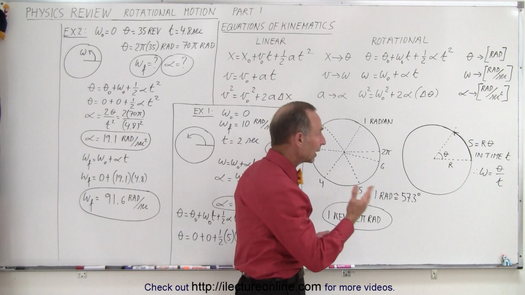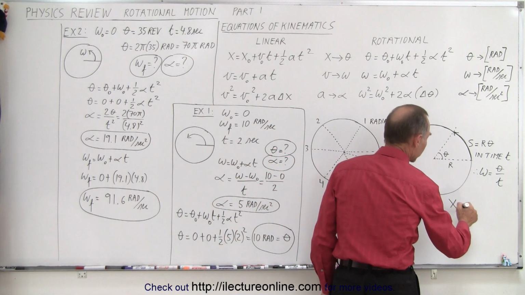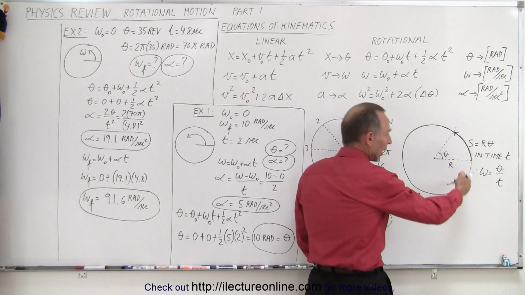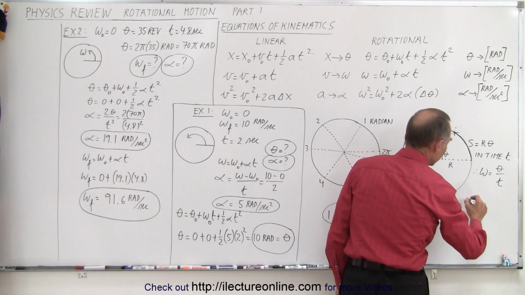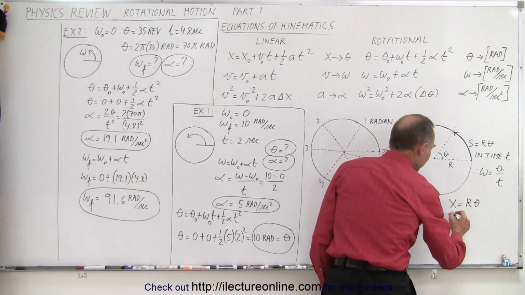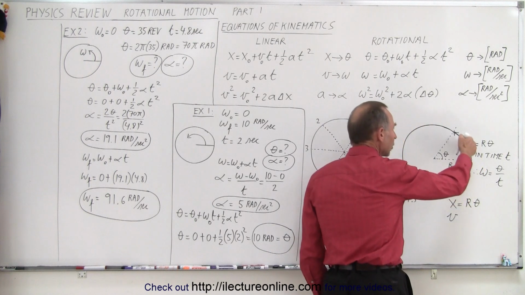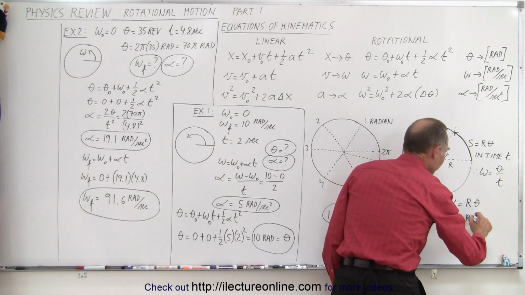In general, we can relate the units to one another. We can say that the distance traveled around the arc, so instead of using s, we can use x, is equal to the radius times the angle theta. We can also say that the velocity along the path of the circle is equal to r times omega.